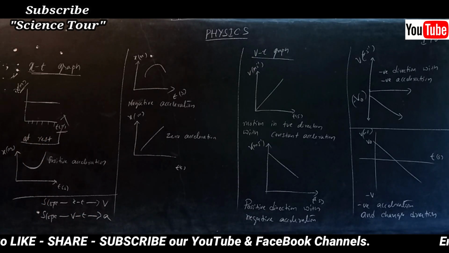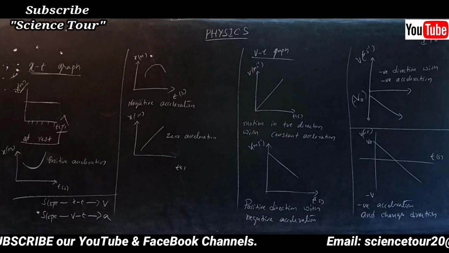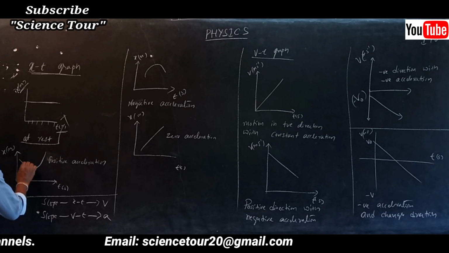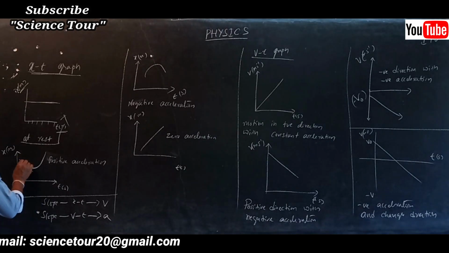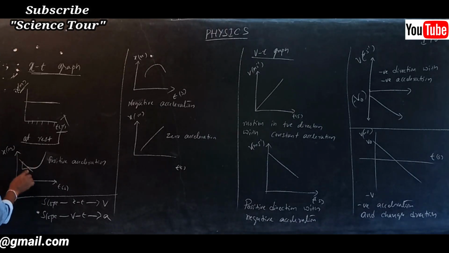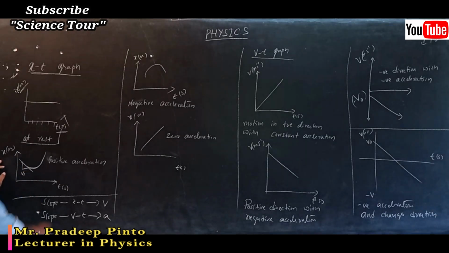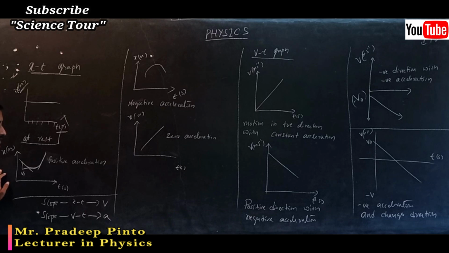Now to find the slope here, I have to draw the tangent. So what does the slope of the position time graph give? That is velocity v1.